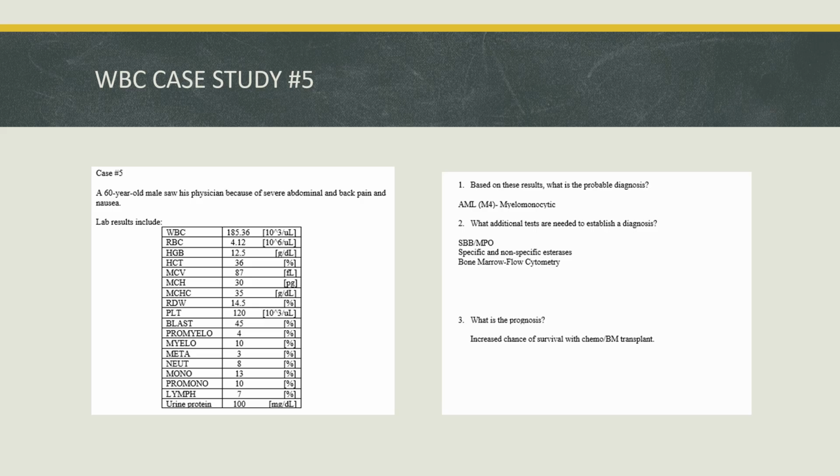Also, we know that people in their older years do not tolerate the process for bone marrow transplant very well. But in general, hopefully the patient will be able to tolerate it. There is an increased chance of survival. Age is going to make a bit of a difference, though. Again, younger people have more success with that bone marrow transplant process.